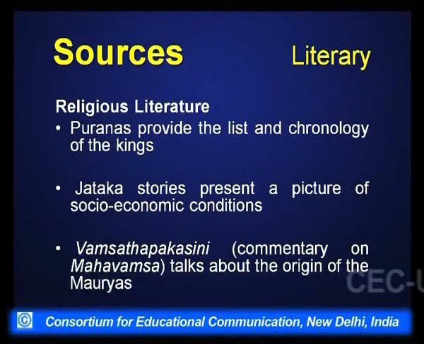He is again not very certain about it. Nevertheless, this conflict has always been there between the Brahmanical sources and the Buddhist or non-Brahmanical sources, because Brahmanical sources have projected the Mauryas to belong to the lower caste, the Buddhist sources have naturally suggested that they belong to the Kshatriya caste.